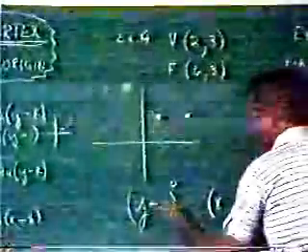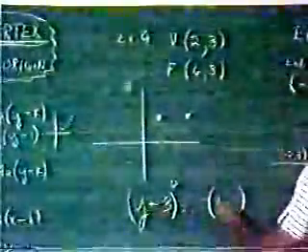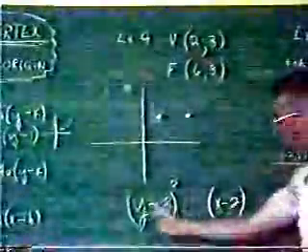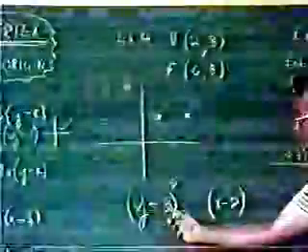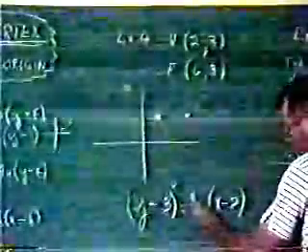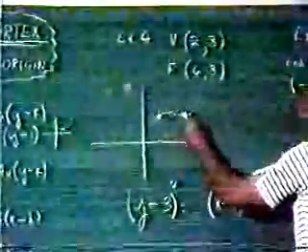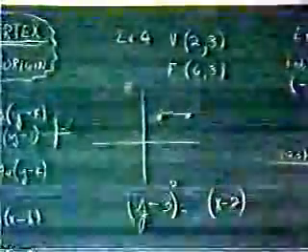Well, now, y minus, what is the y value? 3. So it would be y minus 3. x minus, what's the x value for the vertex? 2. So it's (y minus 3) squared equals 4a times (x minus 2). The y of the vertex, the x of the vertex. And then it's 4 times a. Well, what is a? a is the distance from the vertex to the focus point.